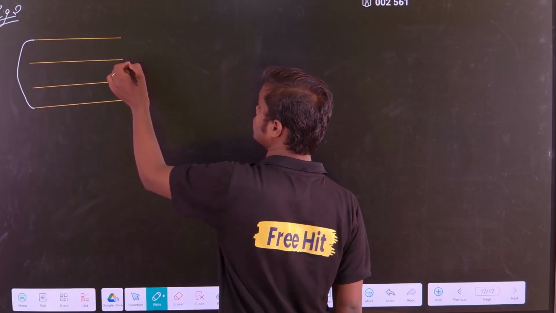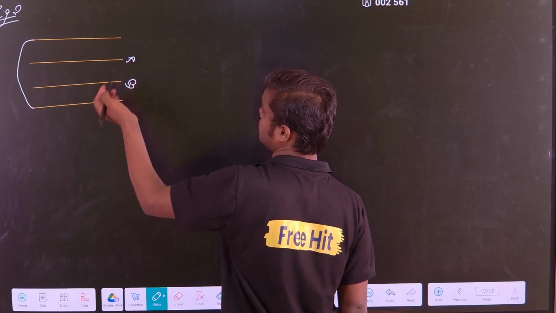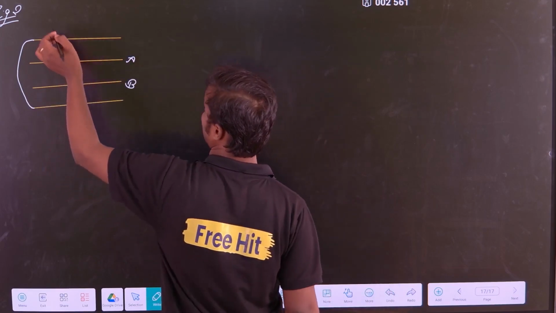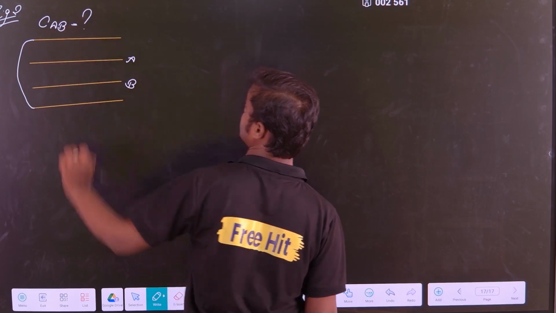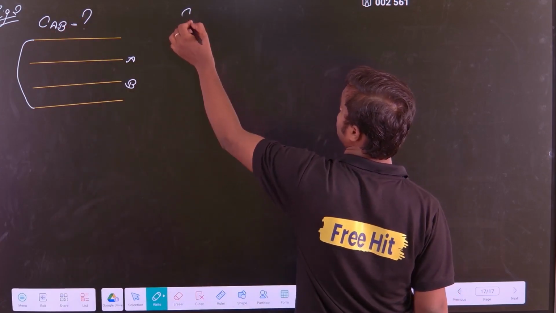Clear? And now this point is A, this point is B. The question remains the same until I tell you otherwise: this is CAB. What is the value? Second example.